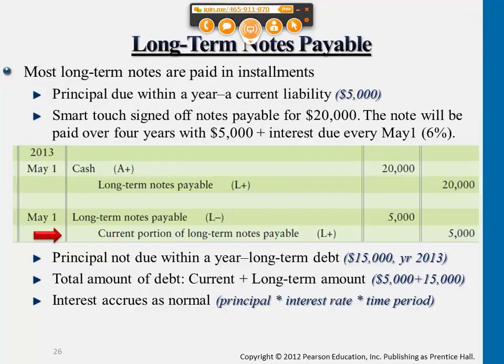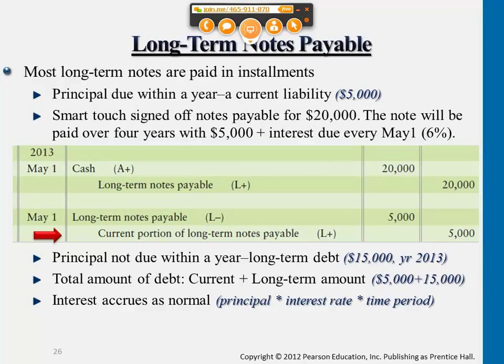This is not saying that your liability reduces by $5,000. We're just separating the part that will be due immediately next year from the part that will be due the second year, the third year, and the fourth year. So this part is a review. We covered this in Chapter 10, just the reclassification part.